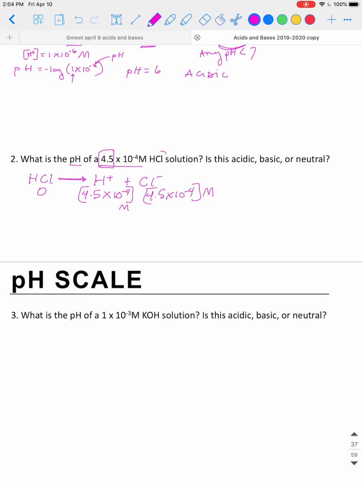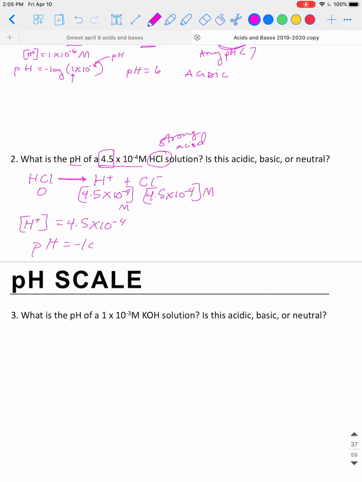Okay, so again, if this was a weak acid, we could not do what we're doing, because we'd have an equilibrium, we'd have to use Ka, we'd have to solve for H plus. But because this is a strong acid, we know it completely dissociates, so we know that the concentration of H plus equals 4.5 times 10 to the minus 4.